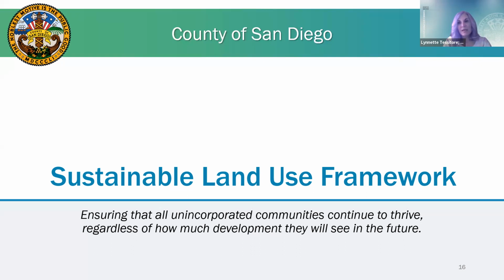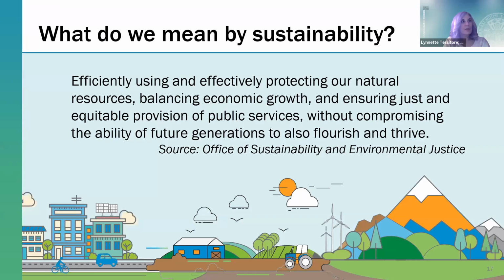So in the next few slides, we're going to present to you an overview of the Sustainable Land Use Framework, what it is, what it will do, and the initial set of sustainability principles that have been developed to inform this effort going forward. So to address board direction to develop a sustainable land use framework, we want to first address a few questions, starting with what do we mean by sustainability?